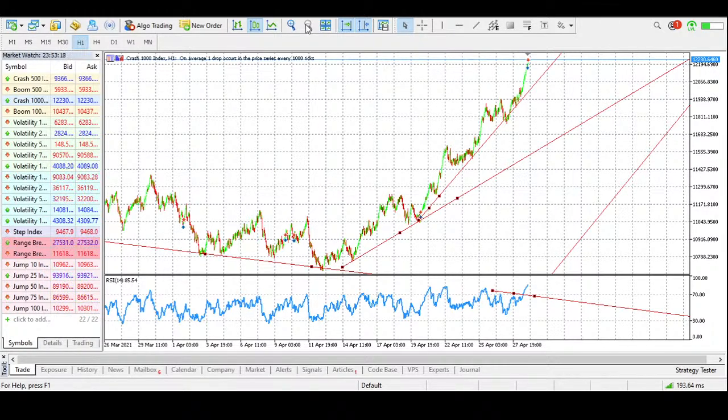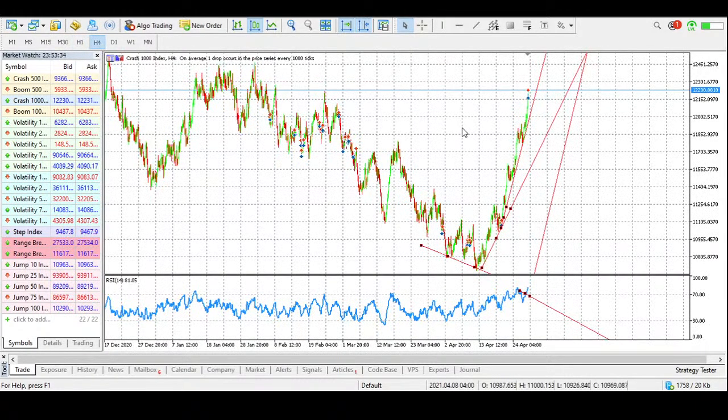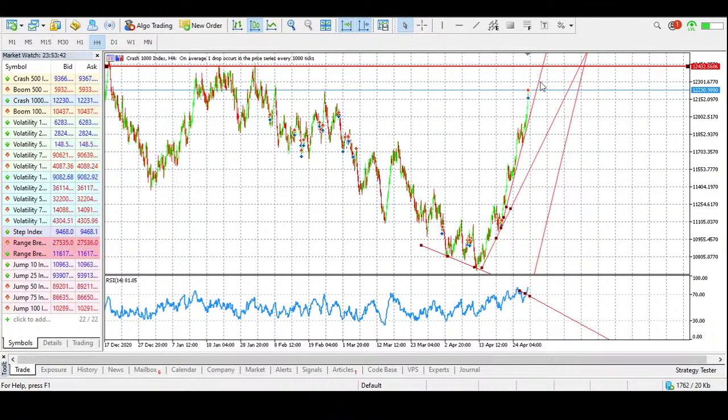The farther you pull the catapult, the farther the stone is going to go. So if Crash 1000 starts to spike, we are going to have an avalanche of spikes. That's just a tip I want to give you. Now this Crash 1000 is racing toward this resistance. It's going to come here and then start spiking downward.